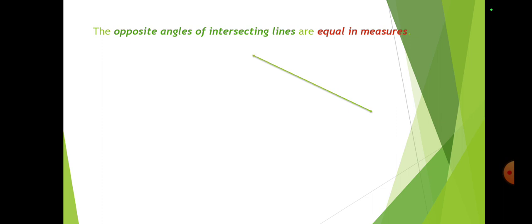Now according to the green part we are drawing a figure. In the green part it is given that there are intersecting lines, so I drew two intersecting lines here. As you can see, these two intersecting lines are AB and CD.